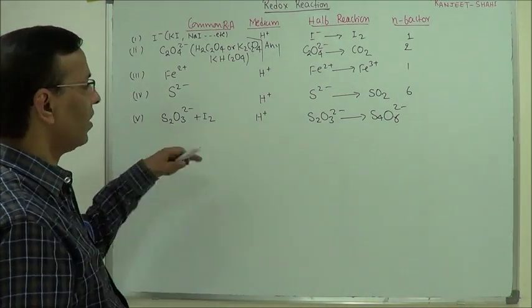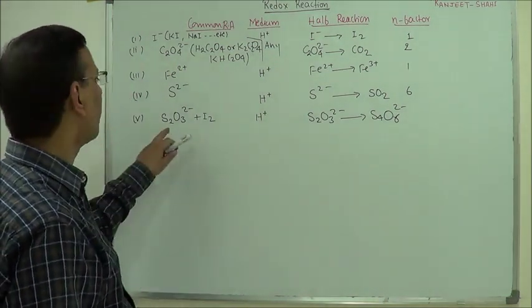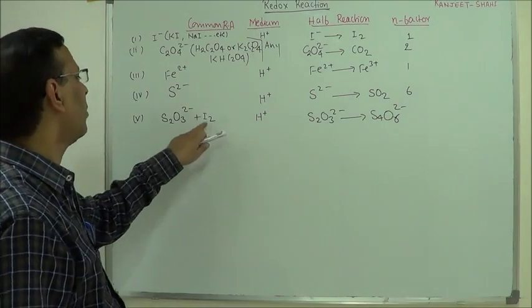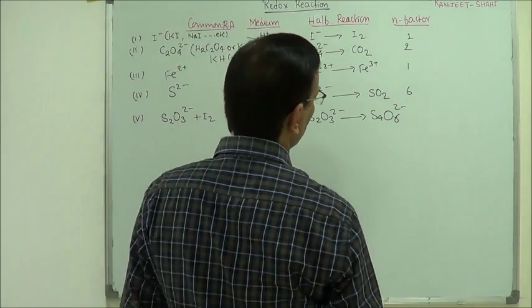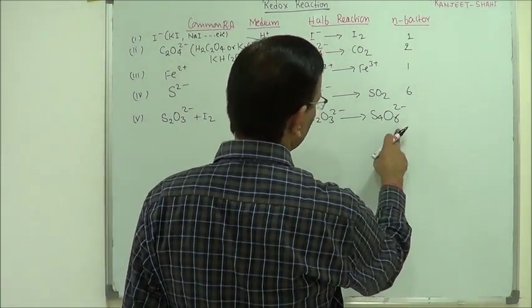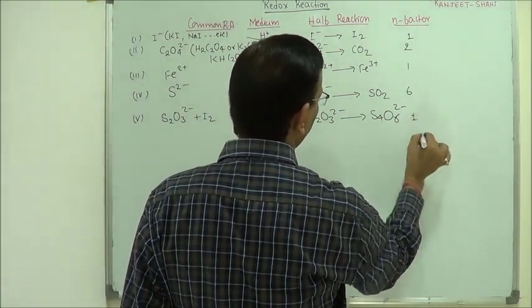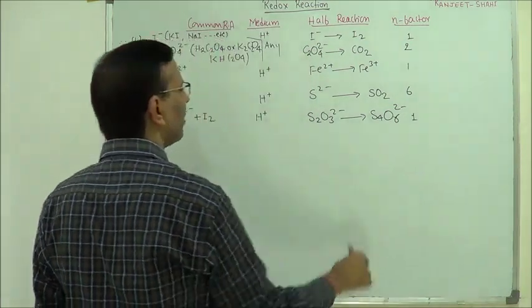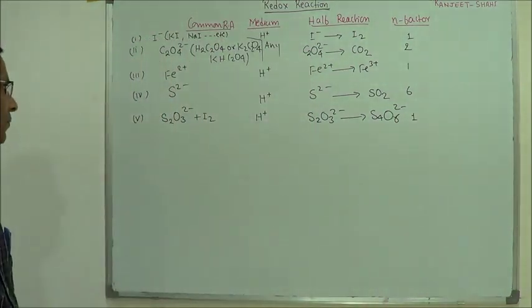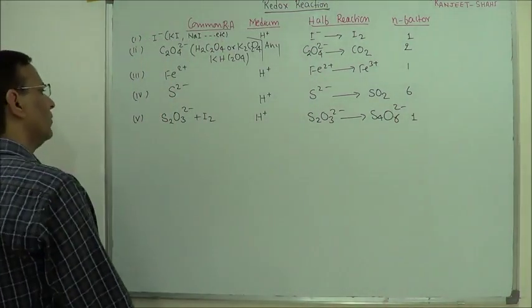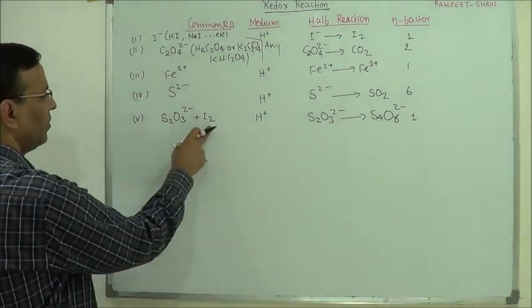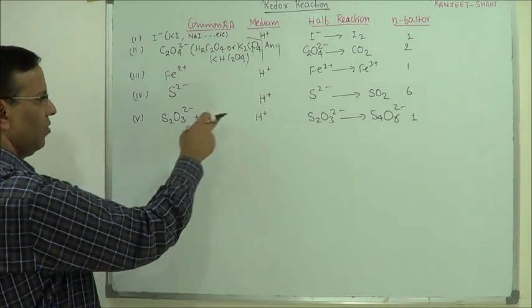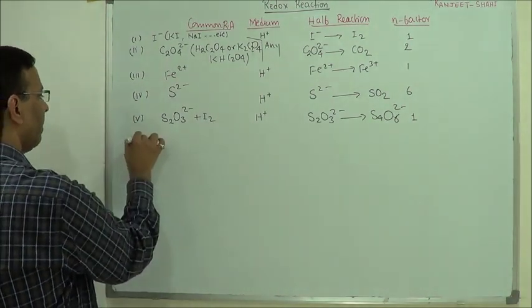In other cases it reacts differently, but if reacted with iodine, it is oxidized to S4O6 2-, and in that case the N factor can be determined. It comes out to be 1. This is a very important reaction, that's why I have written here, but it must be mentioned that it is only with iodine.